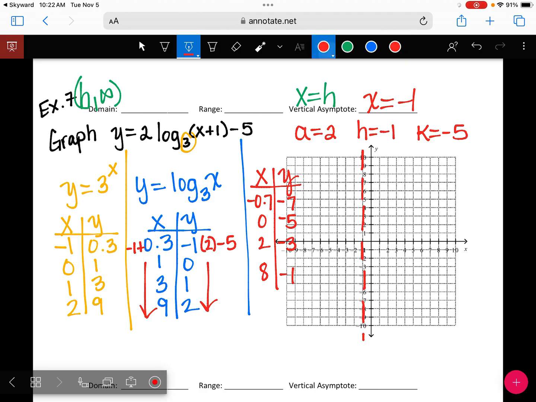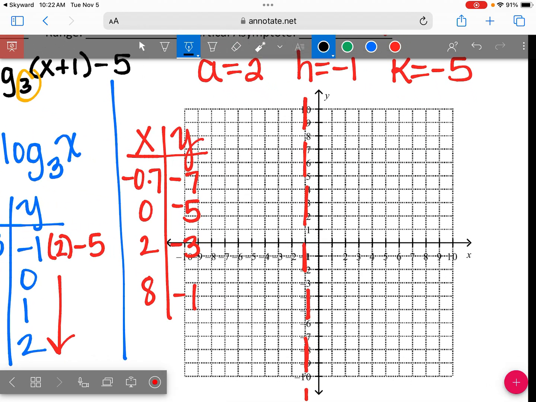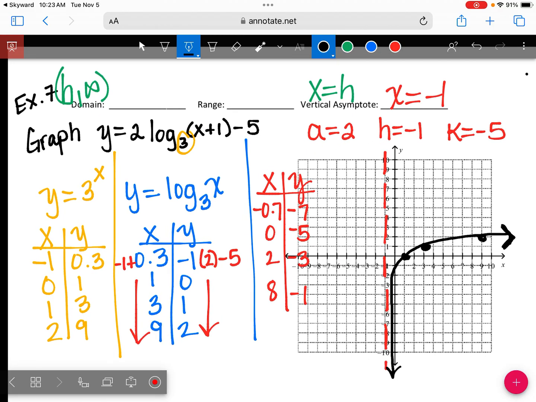And then I'm going to plot these points. So that would be my graph.